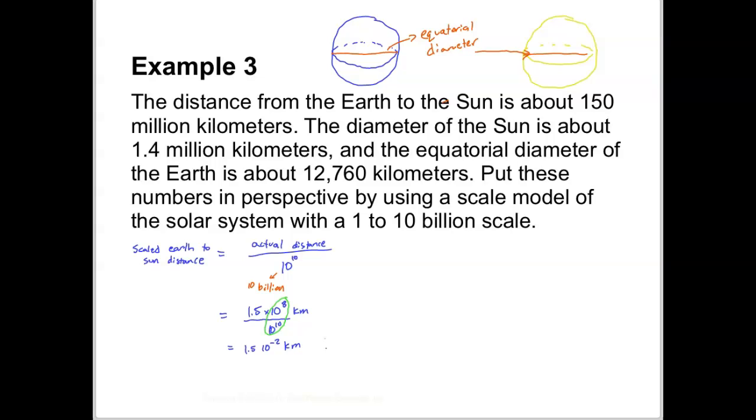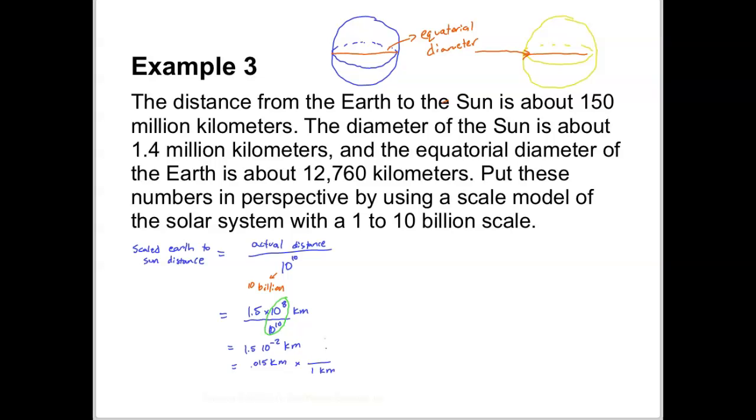Okay, so let's say we want to convert this to something that makes more sense, because 0.015 kilometers is a hard distance to figure out in your head. If we can just convert this to meters, that might be a little bit easier. So that's times, I want kilometers in the denominator.